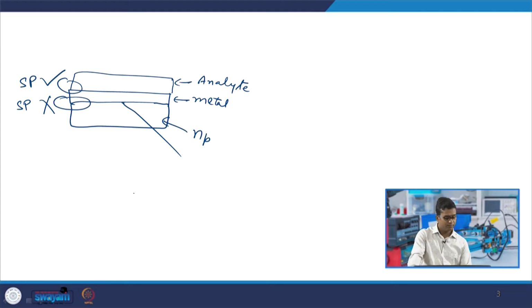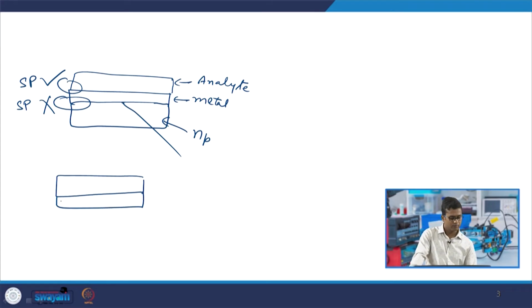Now, what do I have? I have this layer and again a layer. Now, here I have NP, here I have N dielectric, then NM and then Na.